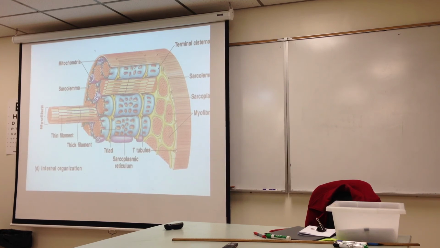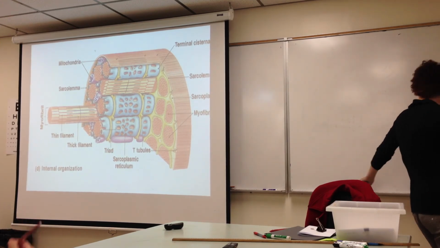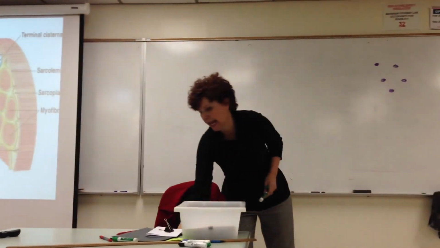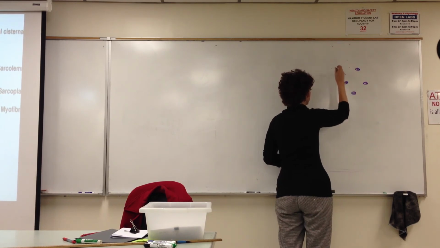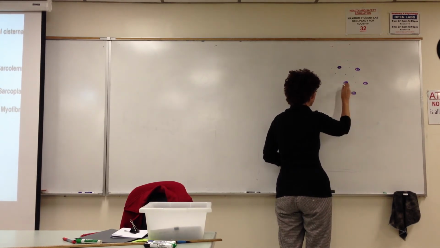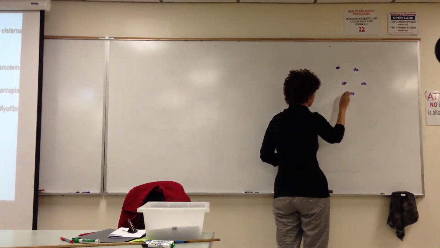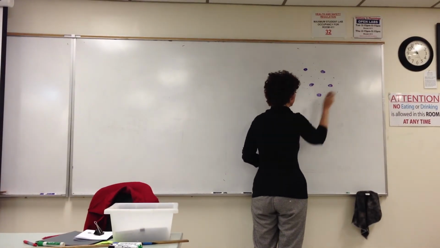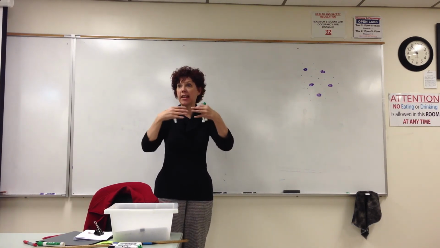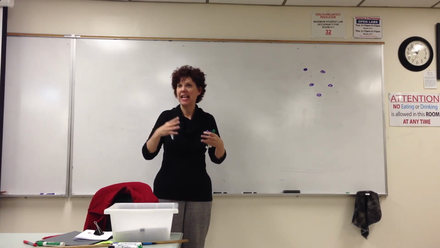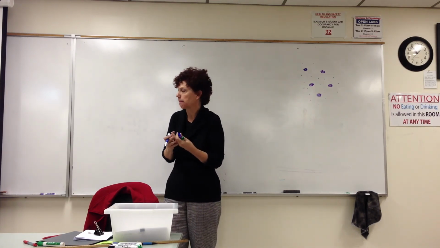The myosin is the thick filament, and associated with each myosin in an overlapping pattern are thin filaments, which are actin. There are six, 1, 2, 3, 4, 5, 6. They may share them with other myosin, but we have this pattern where they overlap. We can see both.